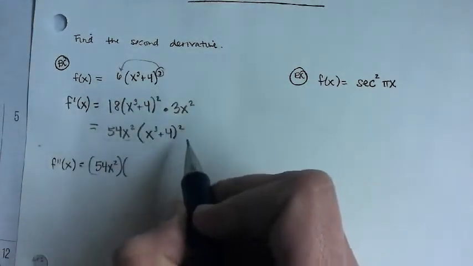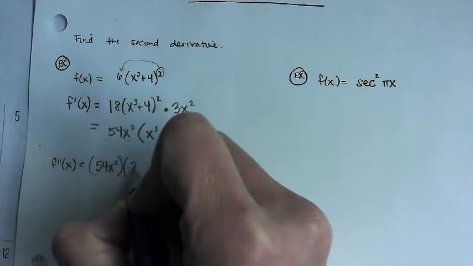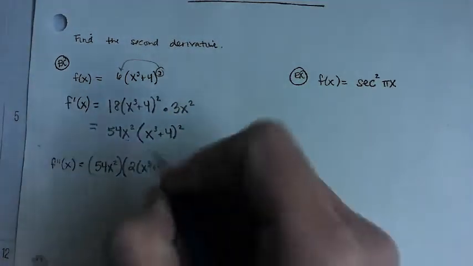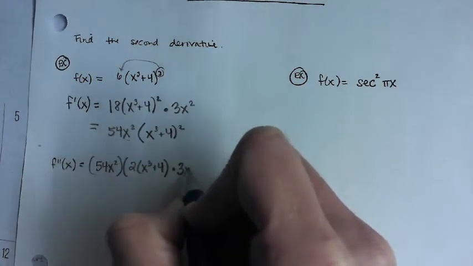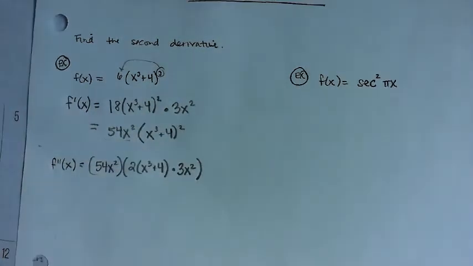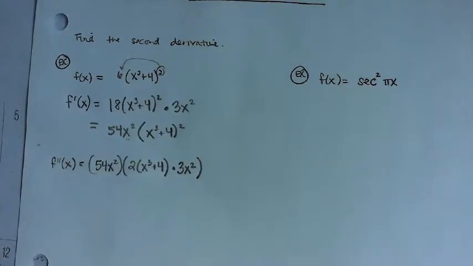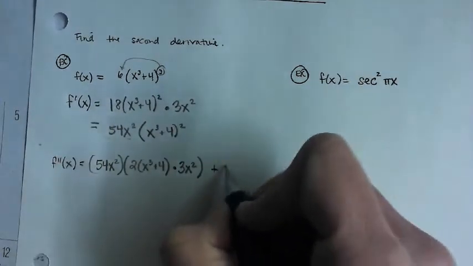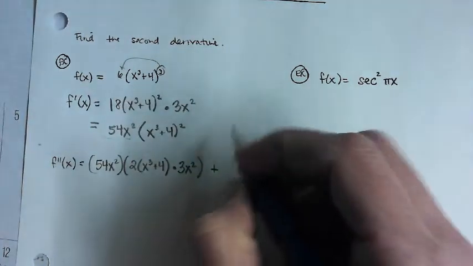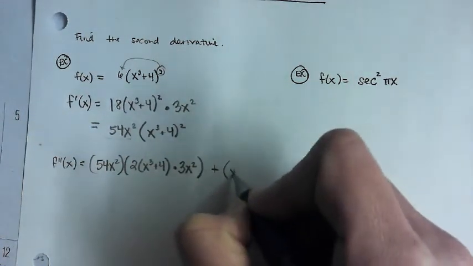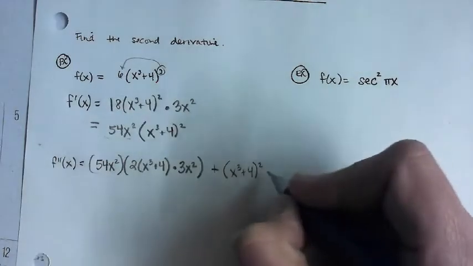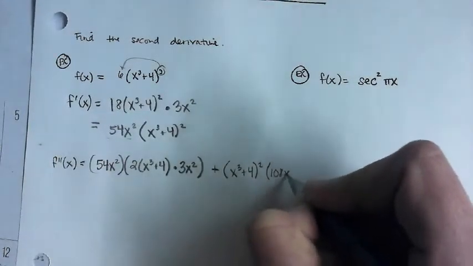Now the derivative of the second is a power rule first, followed by a chain, because that has a derivative of what's inside. So there's our first times the derivative of the second, plus our second, times the derivative of the first, just 108x.